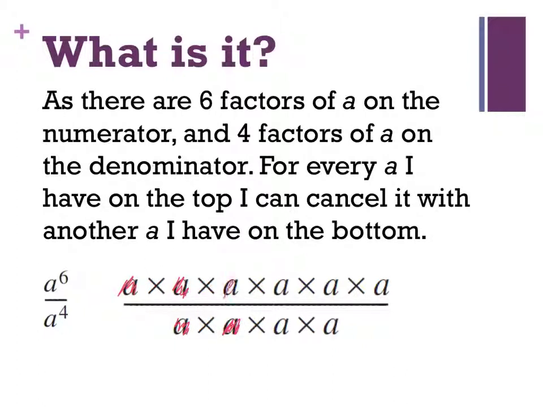So that's one taken off there, one taken off there, one taken off there, one taken off there. Now, because I've got 2 A's left on the top, that's A times A over 1. Because I've got nothing on the bottom, it's over 1, and I don't need to write over 1, because I know that means A times A, which is A squared.